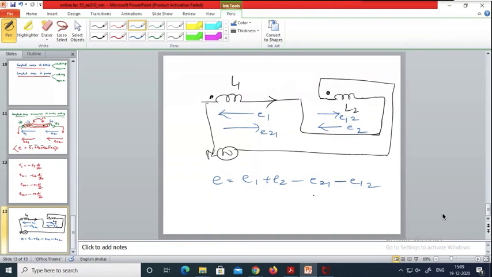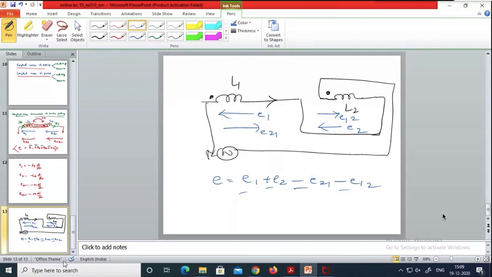Okay, so it is minus minus and this is plus and plus here. They are in opposition. So this is about the coils connected in series opposition.